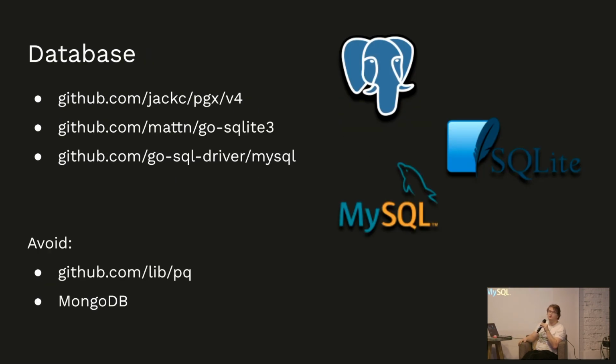We covered mostly the database stuff, so use all of these above, additionally to those that Fabiano already mentioned. Avoid these things: lib/pq is mostly deprecated, but it's still used in many examples, and it has a few bugs that you don't want to hit in production. And MongoDB loses your data, so oh well.